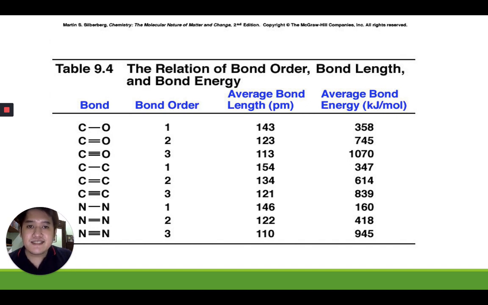One significant thing here is that as the bond order increases, the average bond length for the same set of atoms decreases. Look at the first three examples.